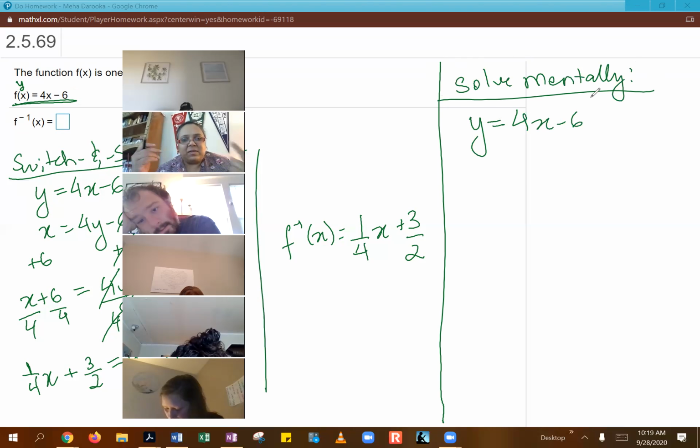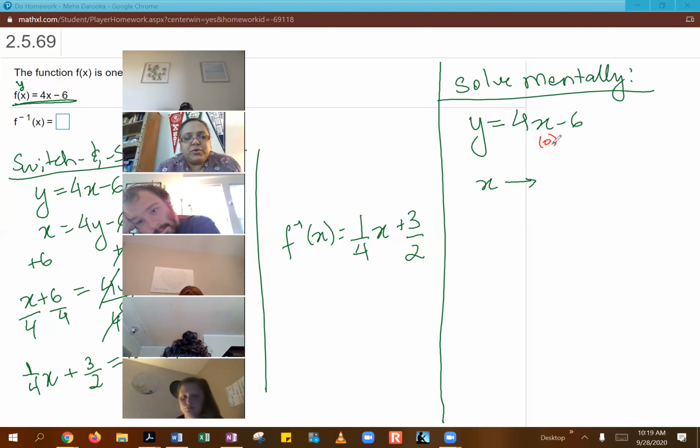The way the mental method works is you start with your variable x, and you see what's the first thing you are going to do. So if I gave you x equals 0, would you multiply by 4 first, or would you subtract the 6 first from your x value?